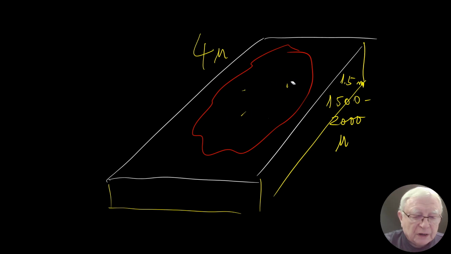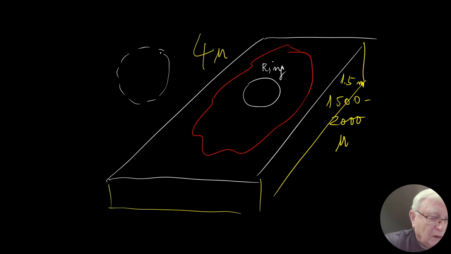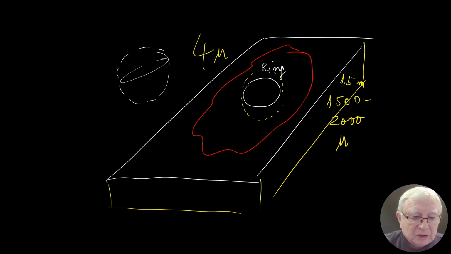A pathologist can, let's say, slice through a cyst. Well, actually, he or she is going to see a ring, because here is a spherical cavity and they slice a 4-micron section. But 3D pathology means that you can see the spherical cavity.